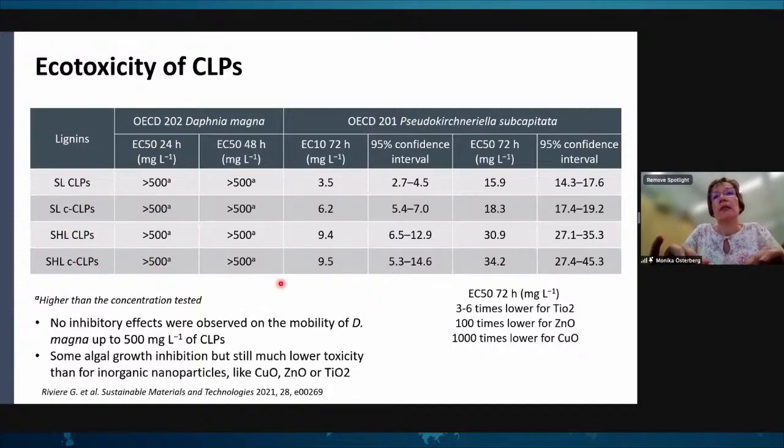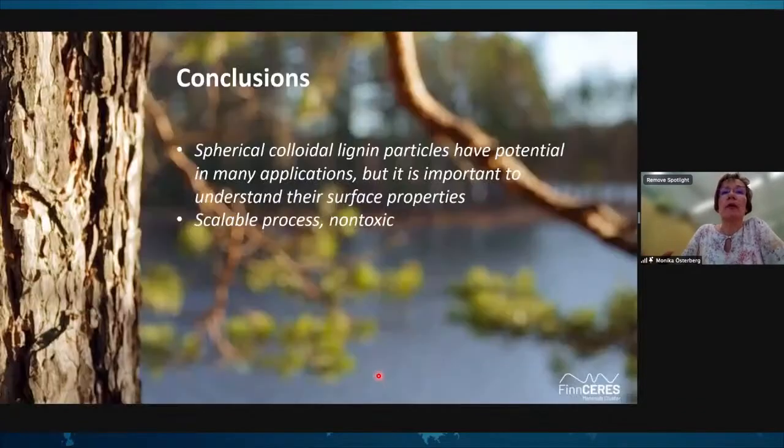And for the algae, we see some inhibitory effect, but still much lower toxicity than for inorganic particles that could be used for similar applications, for example. So these are still quite positive results, and we think that this is good.